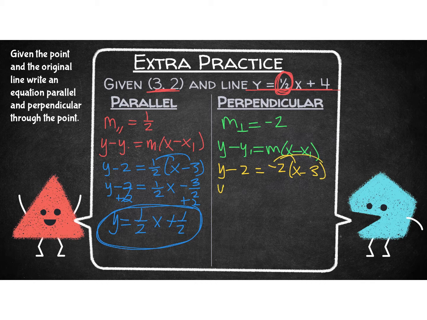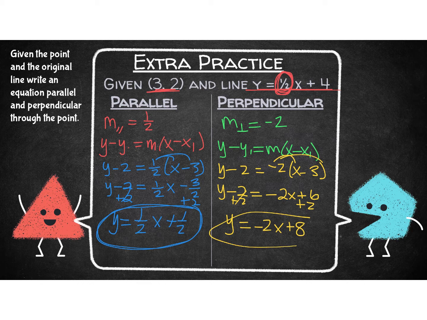Distribute. y minus 2 equals negative 2x plus 6. Add the 2 over. y equals negative 2x plus 8. And that is your perpendicular line through that point, perpendicular to the original y equals 1/2 x plus 4.